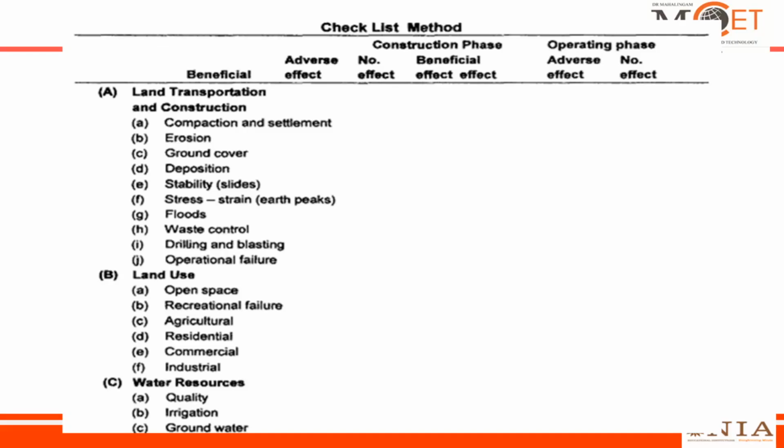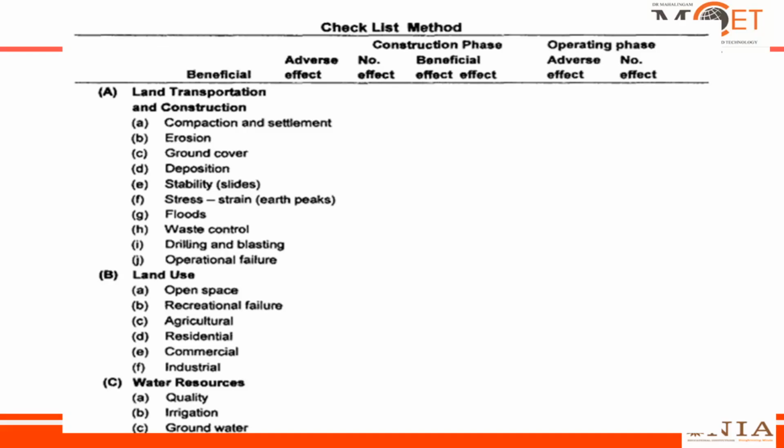So they are listing down all the activities in detail, which was not done in the last simple checklist. We had just listed some of the factors and how they are mapped to positive or negative impacts. Here it is not like that. We are listing down each of the activities involved in the construction phase.